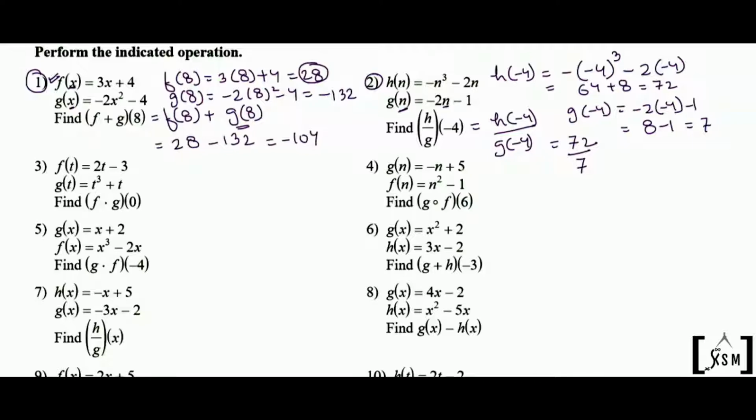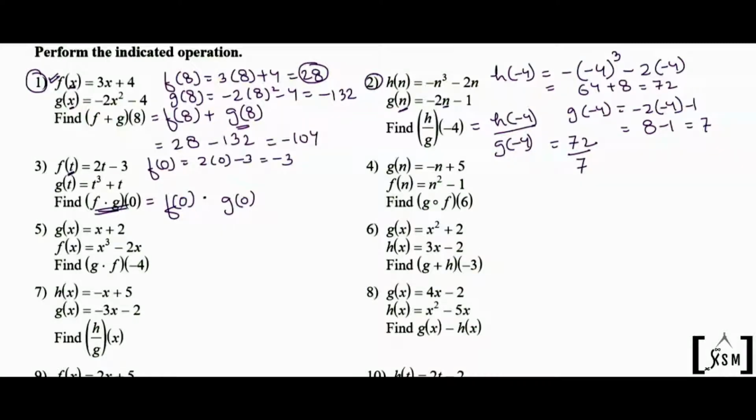Have a look at question number 3. Question number 3 is we have to find f dot g. Dot means multiplication, guys. So we have basically f0 multiplied by g0. We find f0 value by putting 0 in place of t. So we get 2 times 0 minus 3, which is negative 3.